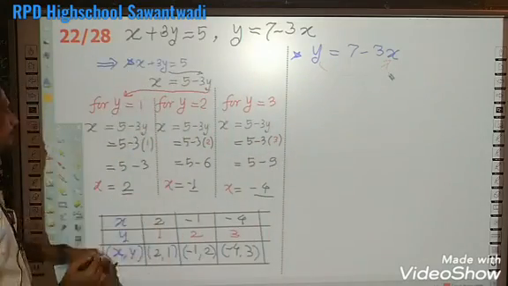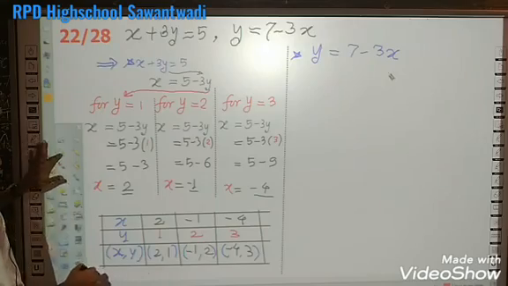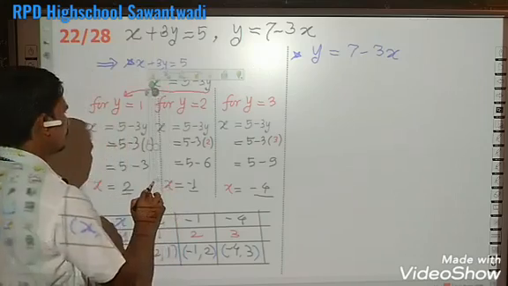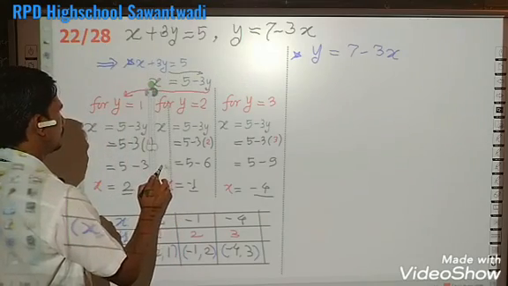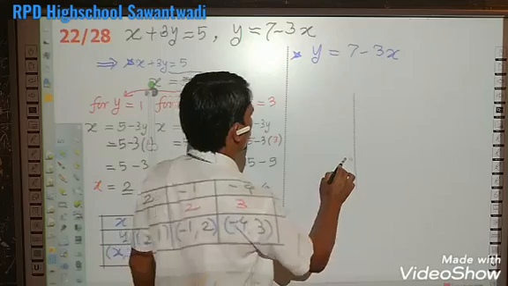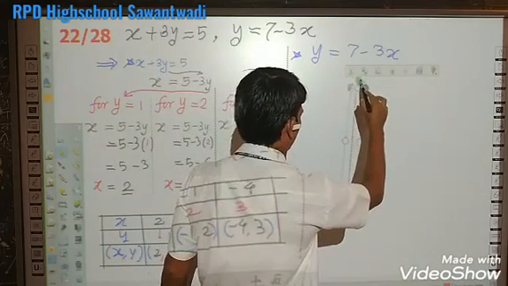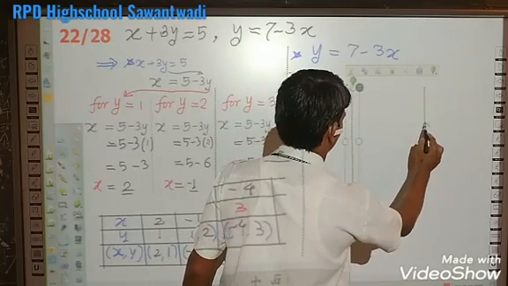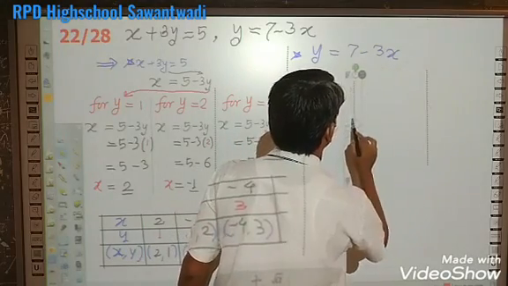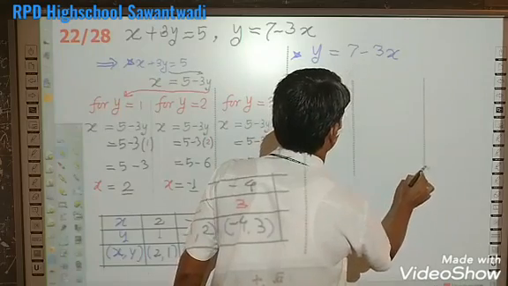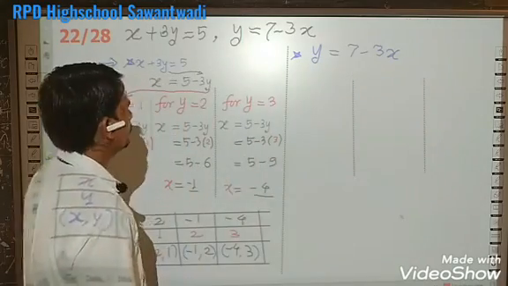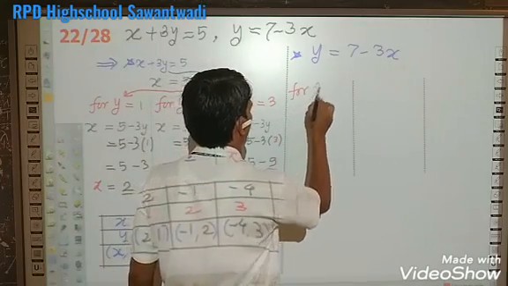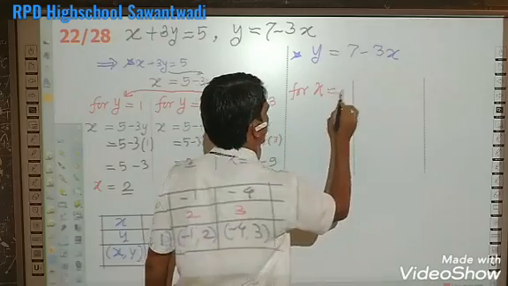Let us note this down here for the first value and for the second. Same way here for x is equal to, because we have x on the right hand side.